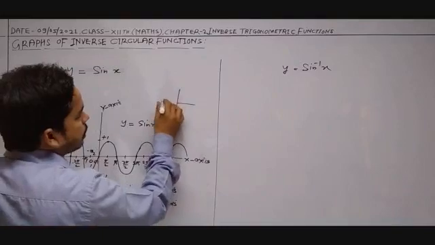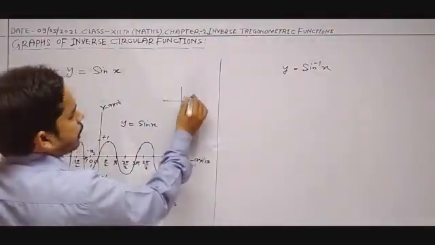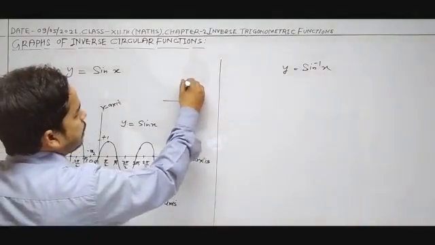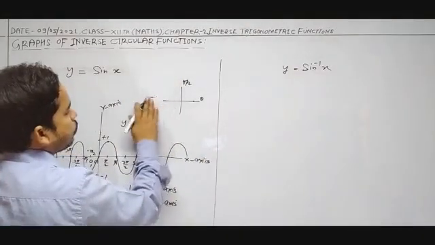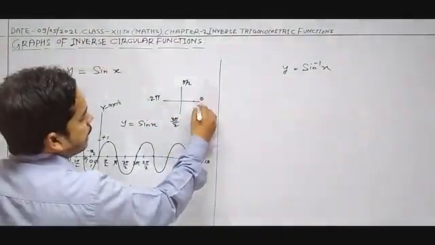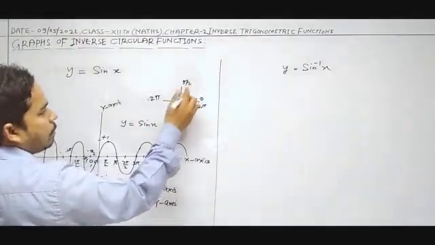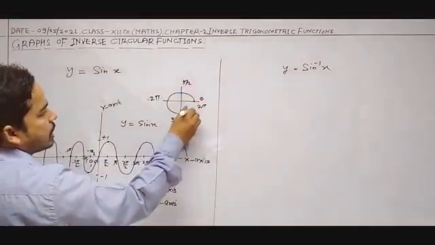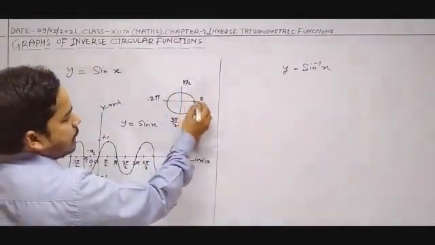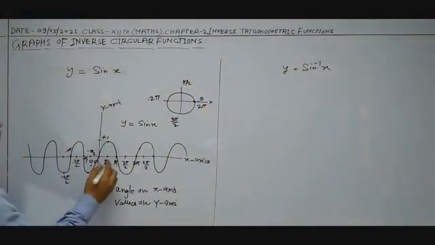And sin pi means, see, this is the quadrant. Consider this is 0 degree, this is pi by 2, this is pi, and this is 3 pi by 2, again 2 pi. So 0 degree value is 0, after one complete rotation the point will come again to the x axis, so again at 2 pi the value will be 0.